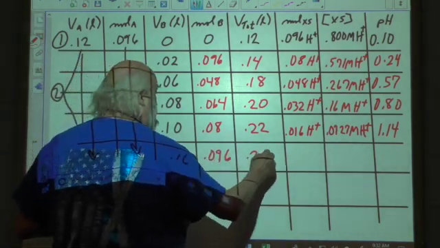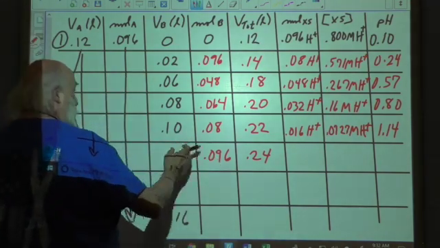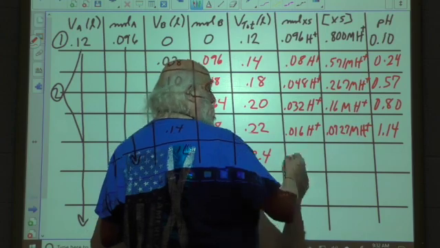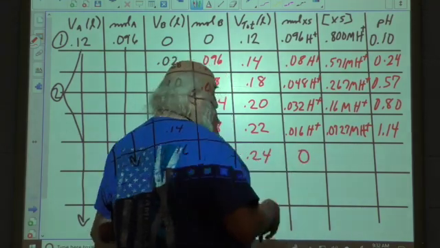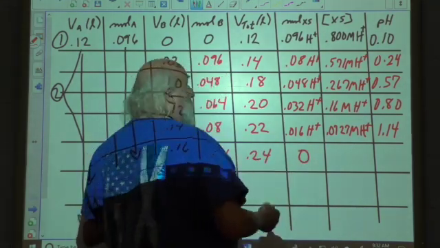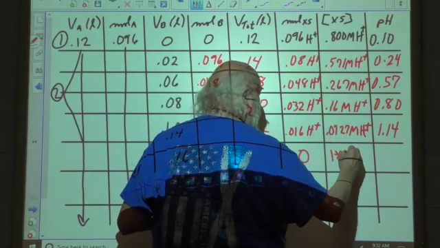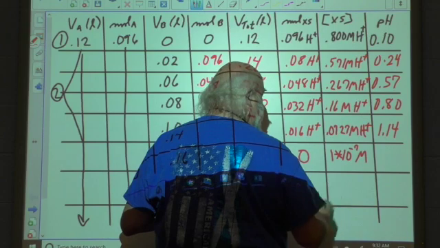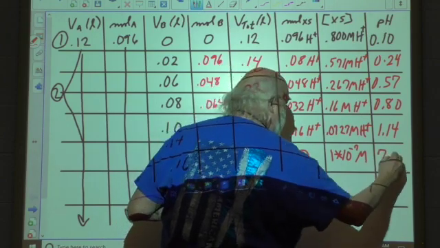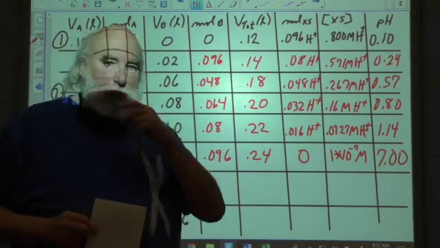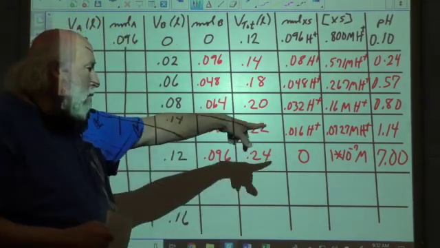We have 0.24 liters because 0.12 and 0.12 is 0.24. Moles of excess, 0. We'll just put the 0 there for now. But the excess concentration that we're going to look at for the pH is 1 times 10 to the negative 7 moles per liter, which is 7.00. Take the negative log of that. And that's why we put that in there.